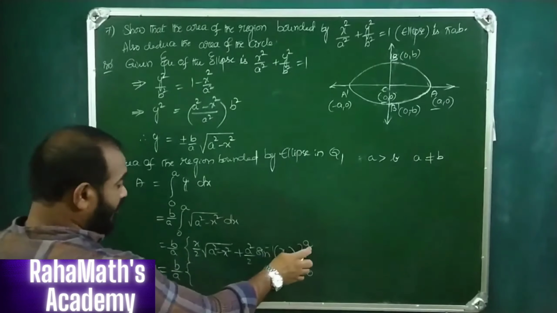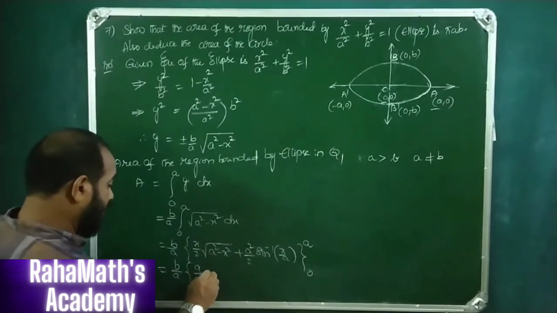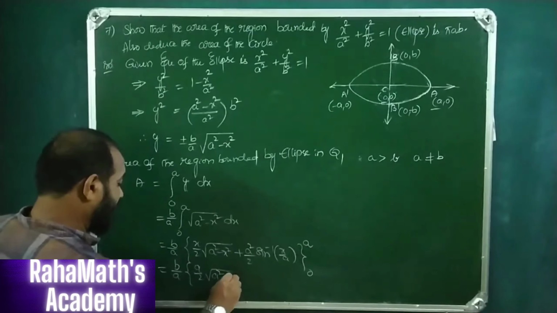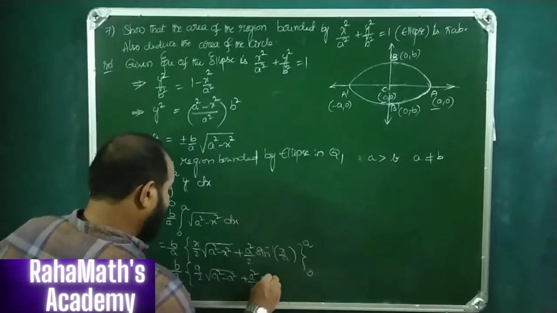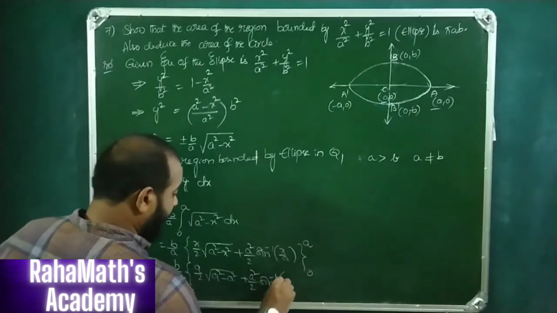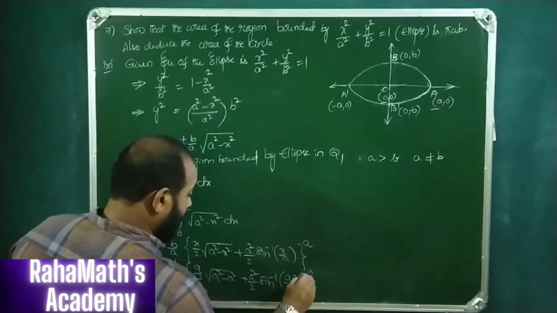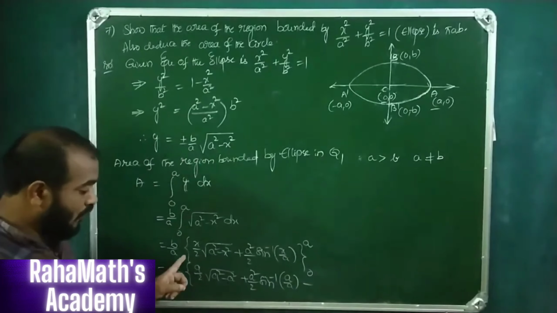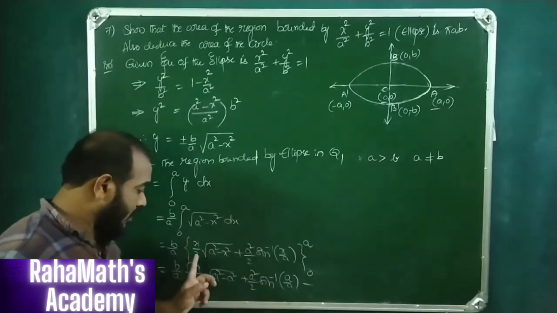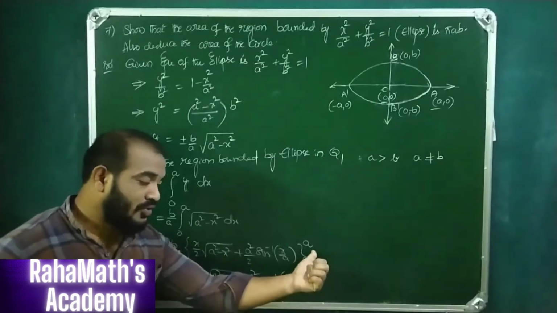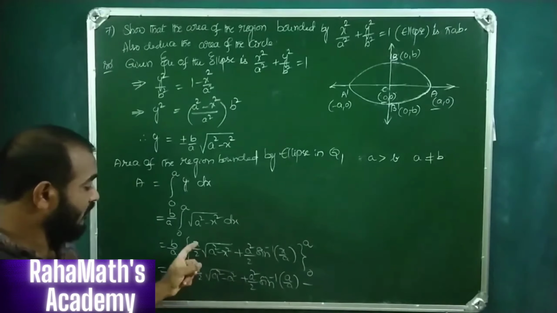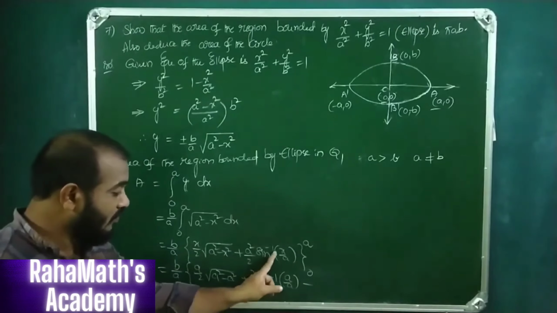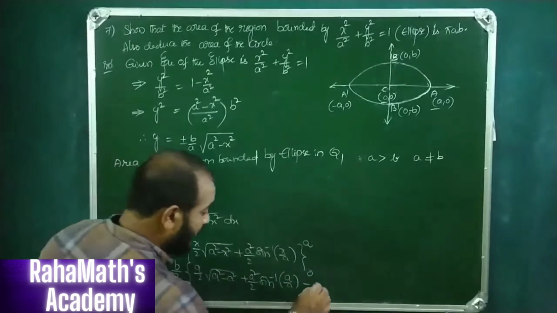Now substitute the upper limit: a by 2 into root of a square minus a square plus a square by 2 sine inverse a by a, minus the whole. In this I have substituted the upper limit a. Now the lower limit is 0 by 2 into something, 0. a square by 2 sine inverse 0 by a is 0. So this is all 0.